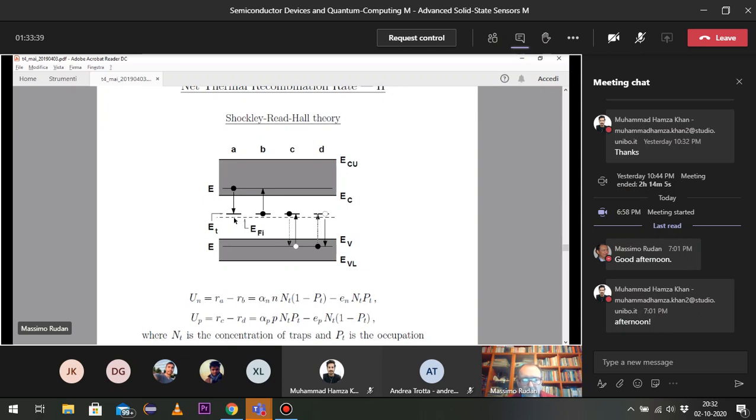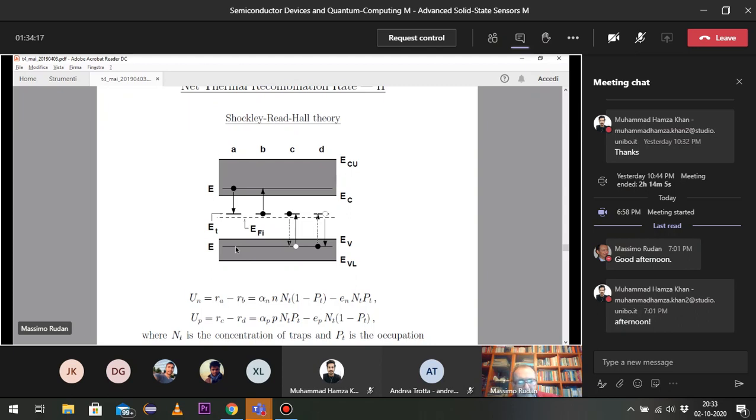Now let's consider a transition of one electron from the conduction band into the valence band. So let's consider what we call a recombination event. You remember from some earlier discussion that a recombination event can be direct. That means that the electron may jump directly from the conduction into the valence band, releasing the total energy of the jump in one shot.